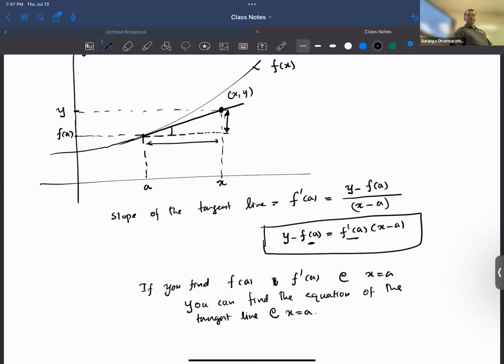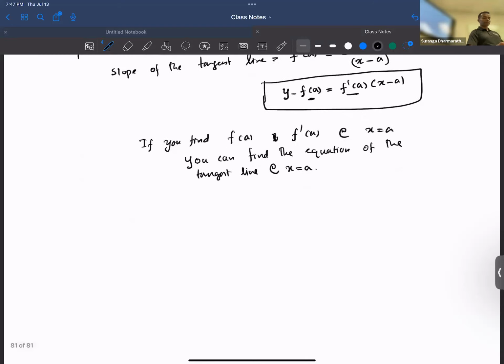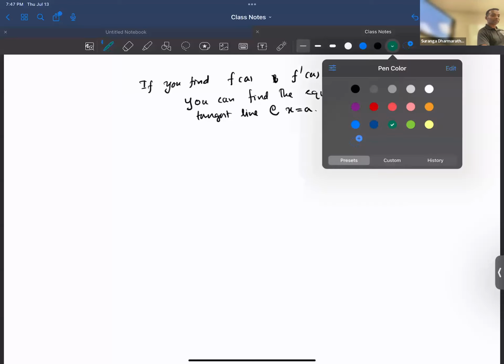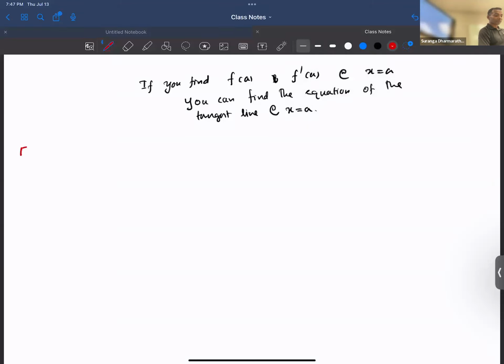Okay, let's do this example. You are asked to find, you are given f of x equals x squared, right?